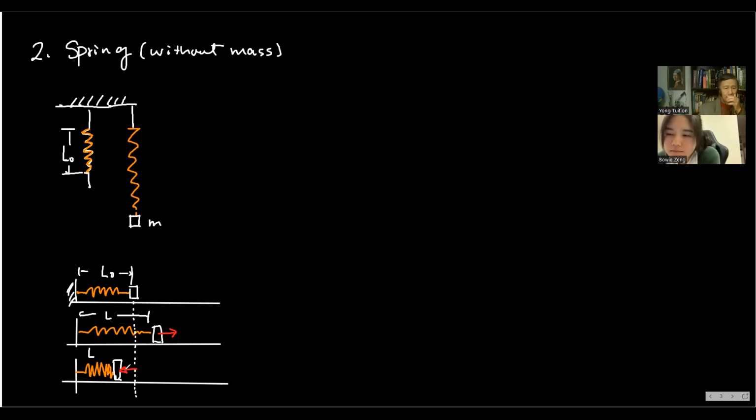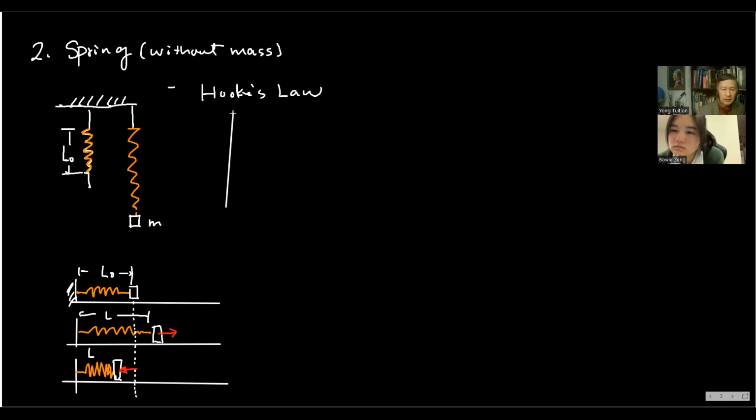So this force, when we use a spring, can be described by a simple equation. It's called Hooke's law. Hooke studied this force before.